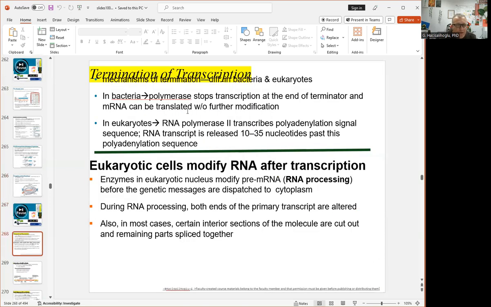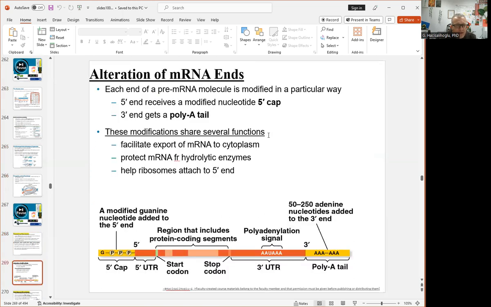And it's terminated once it actually reaches the end. So what happens after that? It can be altered. The ends, we already talked about the mRNA ends, 3' and 5'.